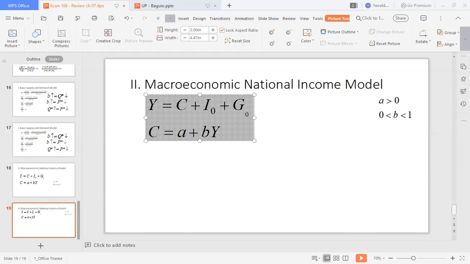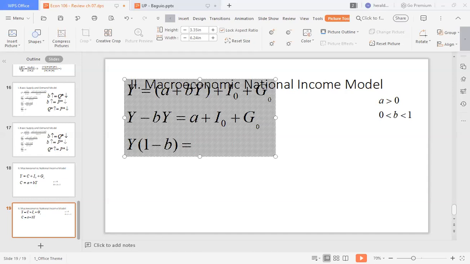So it's bY plus a plus I plus G. This is the same exercise as in chapter 3, but now we're allowing other parameters to change. Simplify, so that's Y minus bY, or Y times 1 minus b, equal to a plus I plus G.